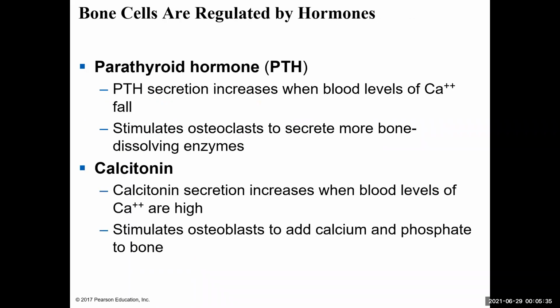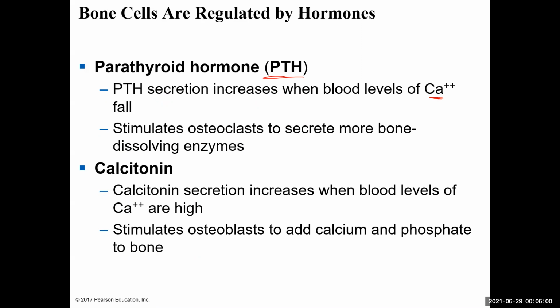Okay. And what regulates the bone growth and formation and the activity of those bone cells are what's known as PTH, which is parathyroid hormone. So you get an increase in PTH whenever your blood calcium levels decrease.